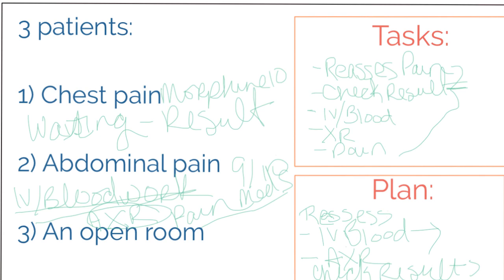If at all possible. But all of a sudden, while you are going in to give them their pain meds for your abdominal pain, you have somebody rolling into your open room. This is a lady who looks pretty beat up. She has a giant hematoma on her left eye, and EMS brings her into the room.